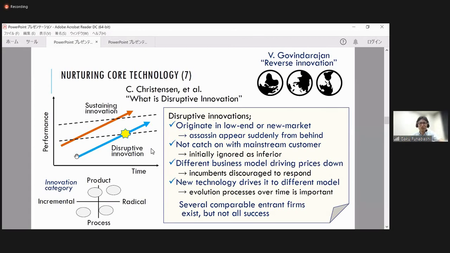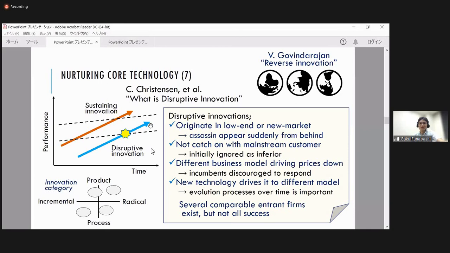Such a newcomer, which replaces the market leader, is a company with disruptive innovation. Why didn't market leaders care about this newcomer, even though later they were replaced? Because they thought the services or products it provides had nothing to do with their customers.